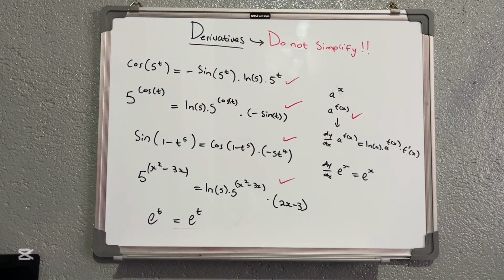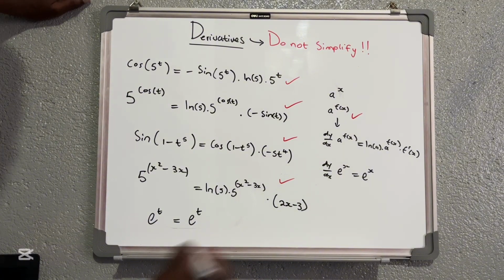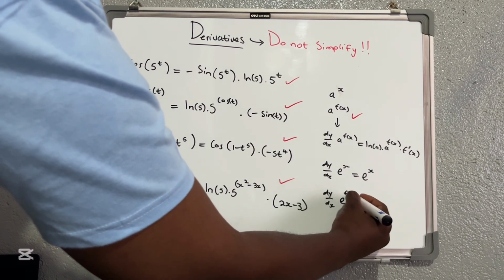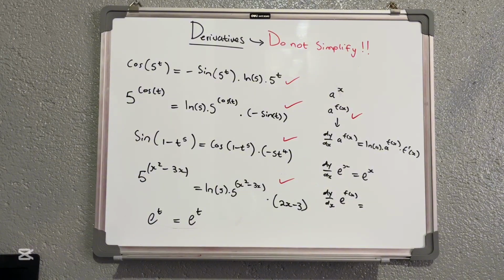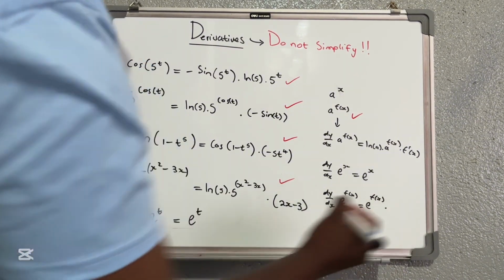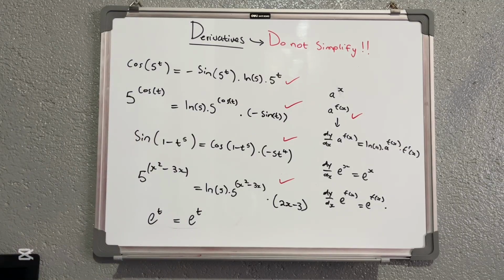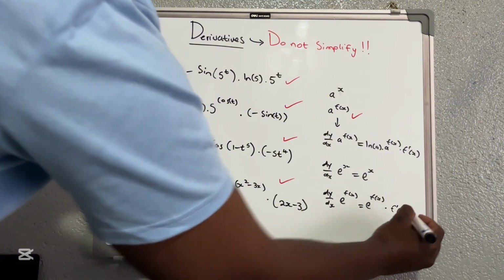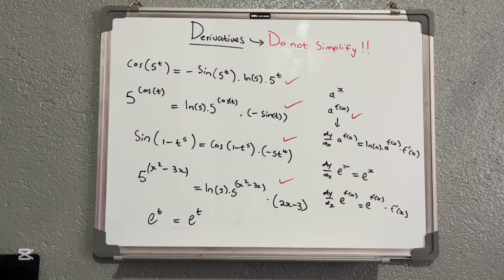It doesn't change. The only time it will change is when you are given a function. Like for instance, you have to derive dy over dx of e to the exponent f of x. So it's being raised to a function. You're going to still have e to the exponent f of x, but now you will have to derive the function that you're seeing here. So it's going to be like that. So that's one thing that I also wanted to highlight.